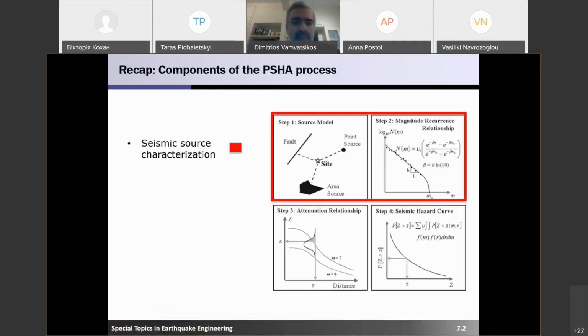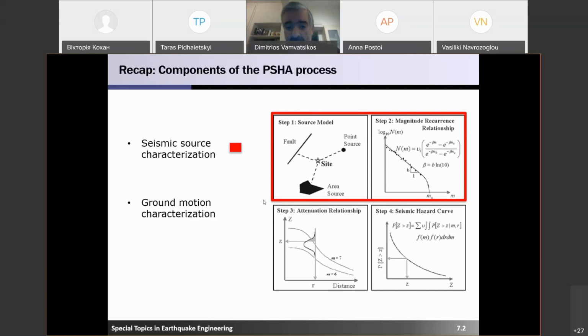So back to a quick recap, the components of the PSHA process. Remember, we've discussed the seismic source characterization, our source models, point sources, areas, and faults. We've discussed our magnitude recurrence relationship, and also distances to the source model and rates.